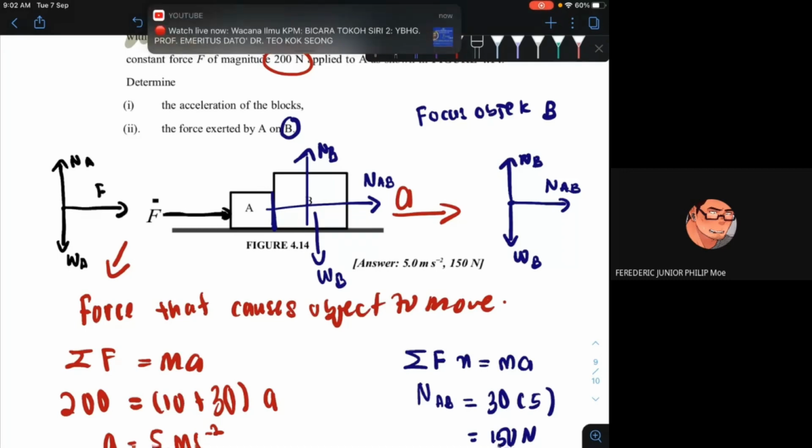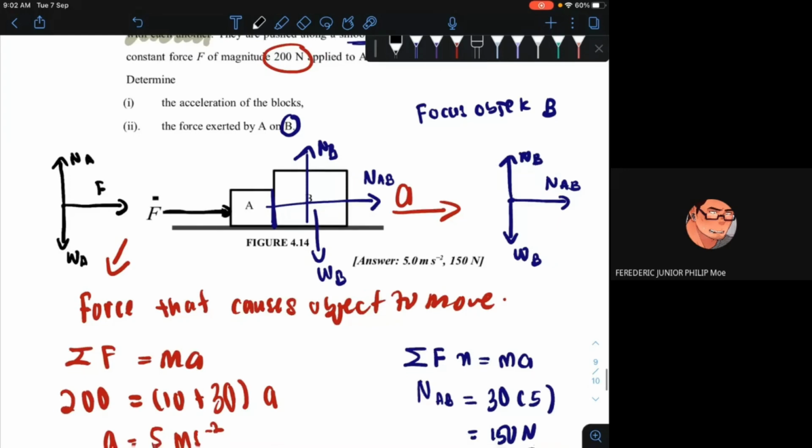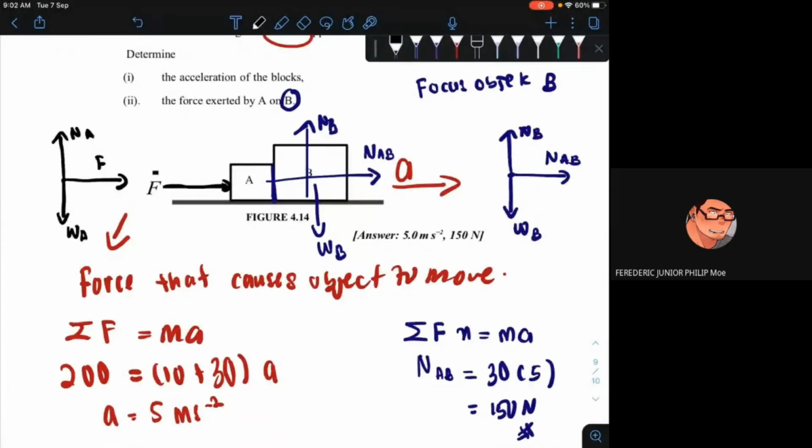Ini adalah force kamu. And then kamu akan ada reaction force balik. Sebab dua-dua permukaan ni bersentuhan. Every object that touches each other, dia kena ada action reaction force. So bila A apply pada B, B pun akan apply. B takkan duduk saja-saja. Dia adalah mutual reaction. Okay.